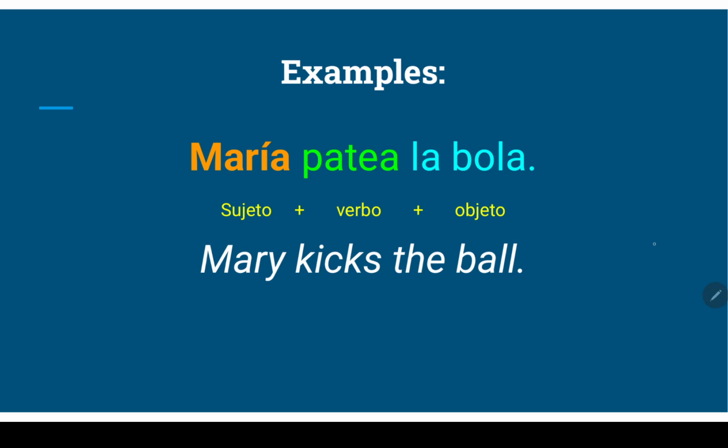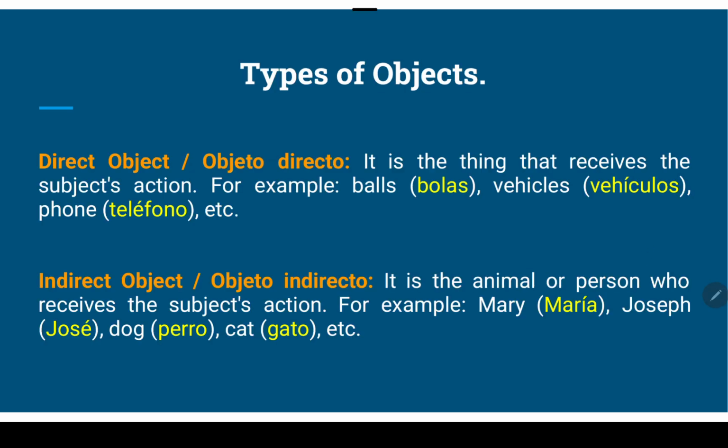So now we are going to continue with the next part, and this is the types of objects. Now that we understand what an object is, the thing or person who receives the action, we have to classify them in two types. The direct object, objeto directo, is the thing that receives the subject's action.